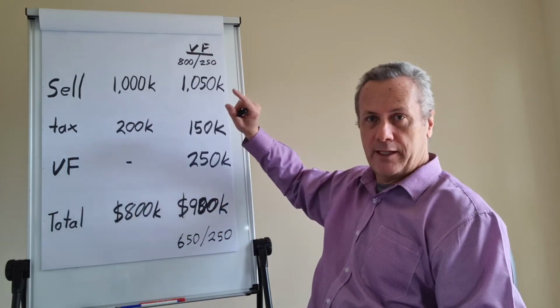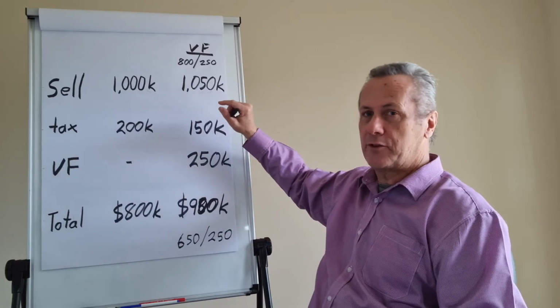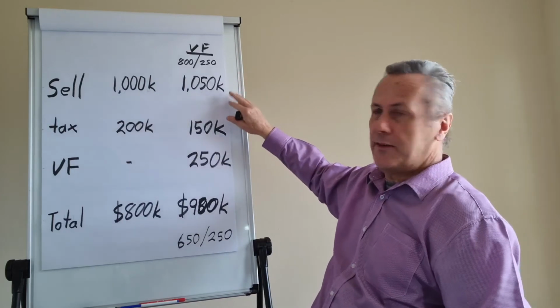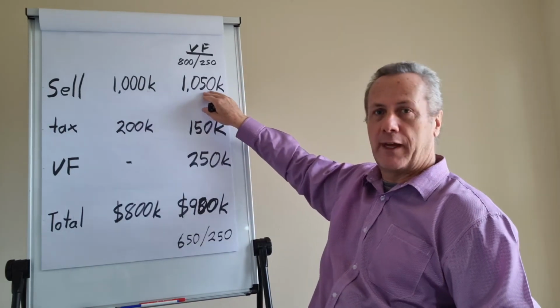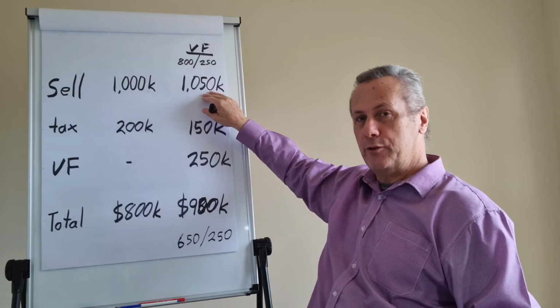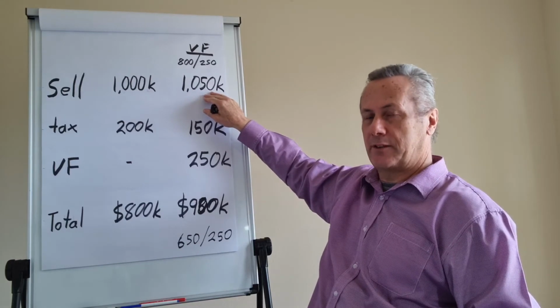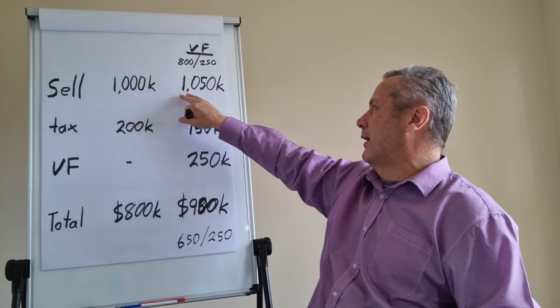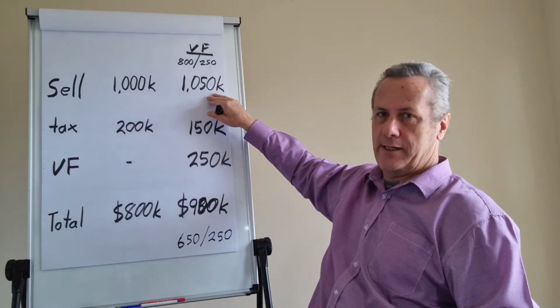Now let's look at that if we used vendor finance. Like I said, if you use vendor finance, you should get a higher price. So conservatively, let's just say that we made an extra $50,000 on that sale because we used vendor finance to market that business. And so the sale price was $1,050K.